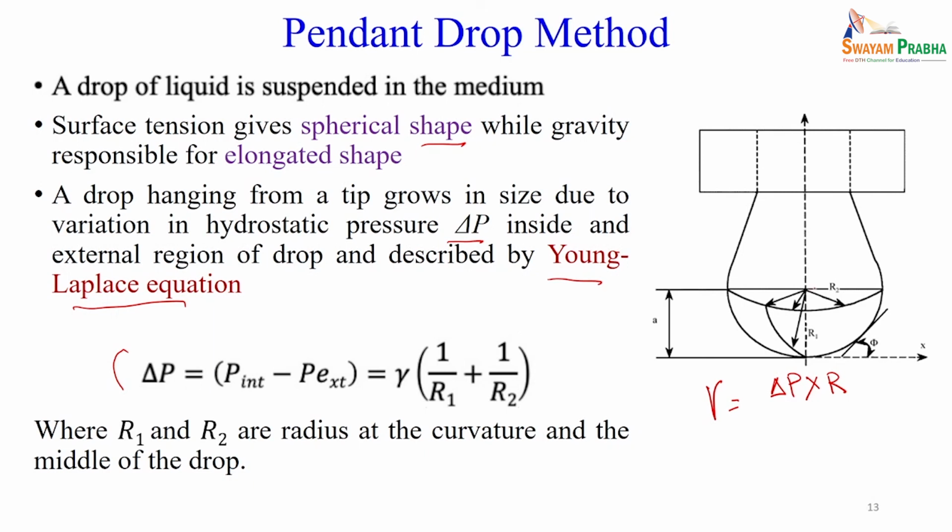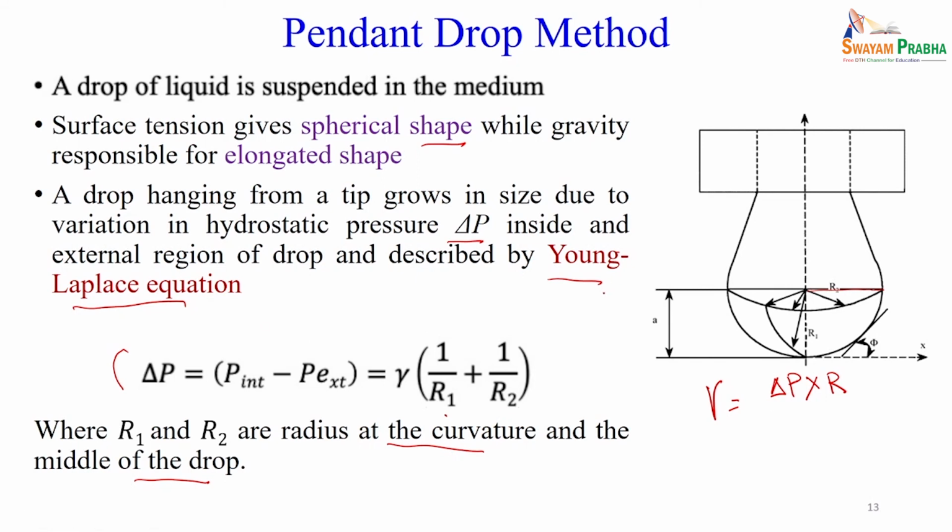So, if we take the middle point, so this is R2, R2 is the radius at the middle point of the drop and R1 is the radius of curvature. So, inside we are taking the radius of curvature and external means we are considering a perfect sphere at the middle point of the drop. So, it is going to have two radii, R1 and R2.